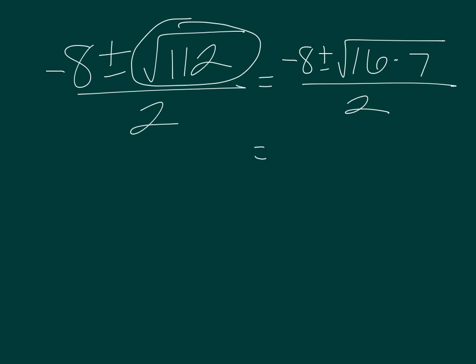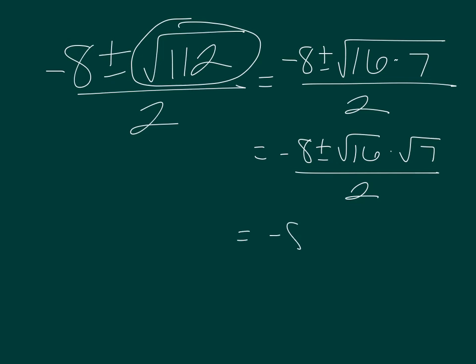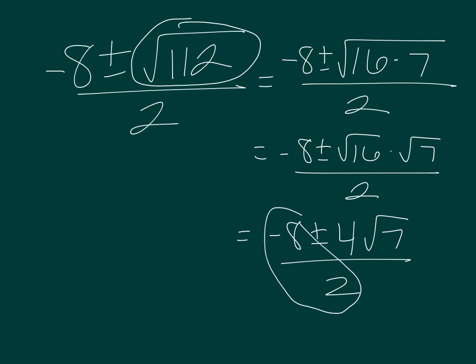And then that gives me negative 8 plus or minus the square root of 16 times the square root of 7 over 2. Which gives me negative 8 plus or minus, square root of 16 is 4, square roots of 7 over 2. And then I'm going to simplify my numerator and the denominator. So negative 8 over 2 is negative 4. And then I'd have plus or minus 4 over 2 is 2 square roots of 7.